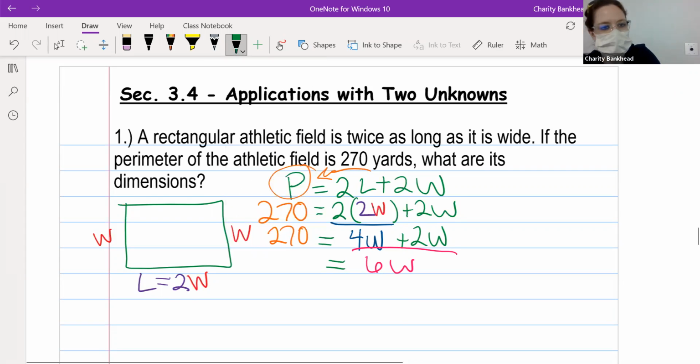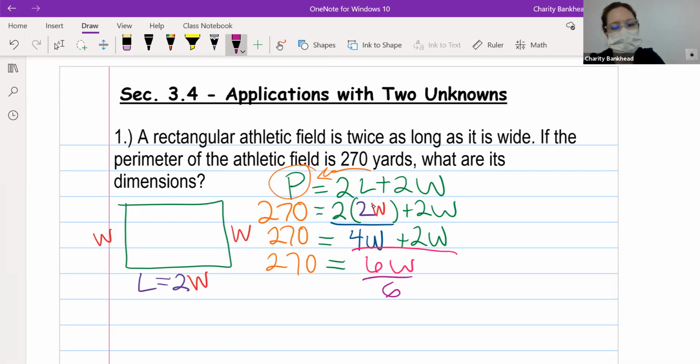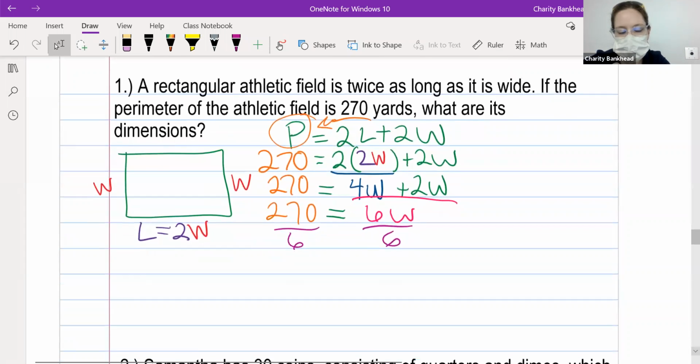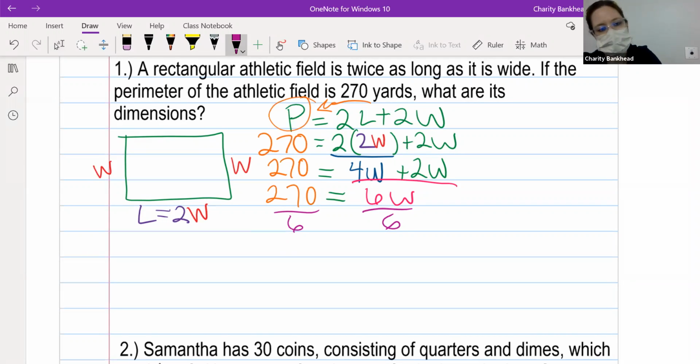So 270 equals 6W. And then we're just going to divide both sides by 6. So that's going to be 45 yards is equal to the width.